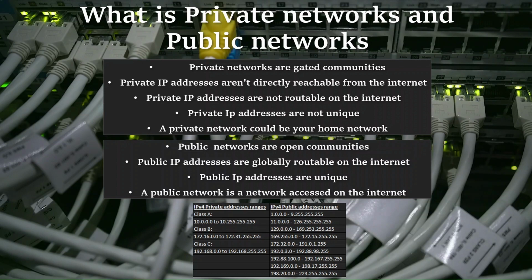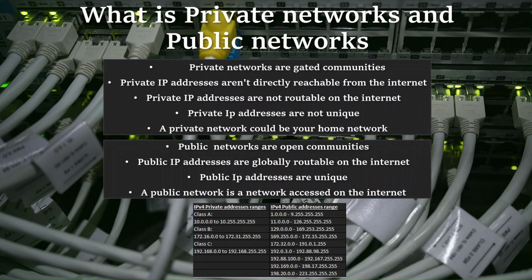Your ISP is also connected to thousands of public networks, which is the internet. So in essence, public networks are whatever you access on the internet. The picture here shows the IPv4 private address ranges and the public ranges. These are the available addresses that you can use within these ranges of both the private and public.